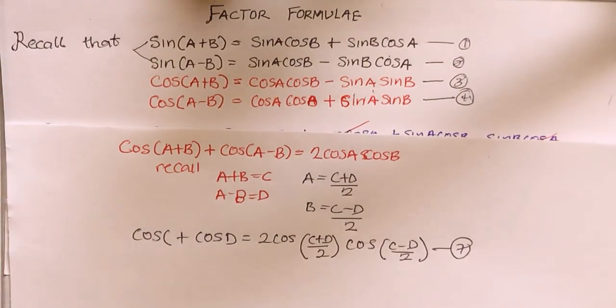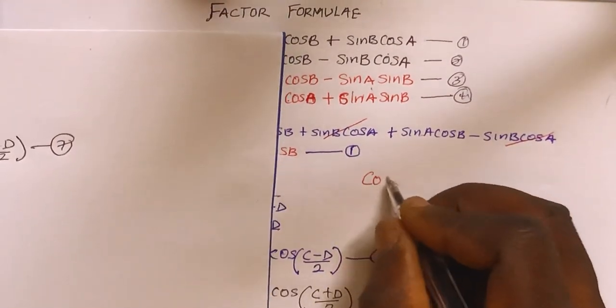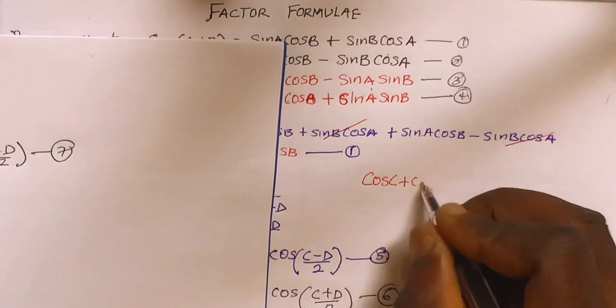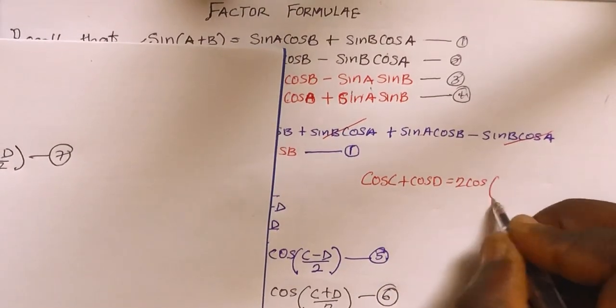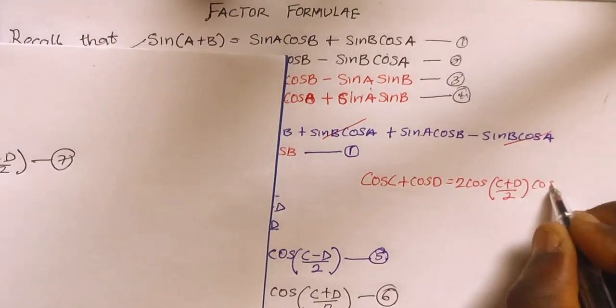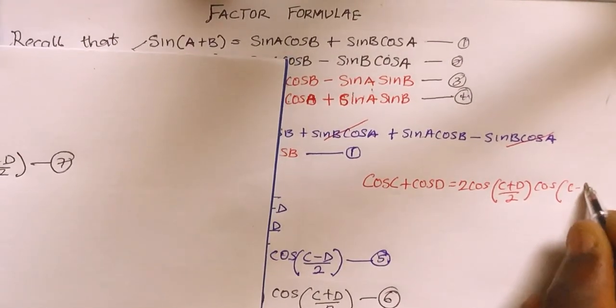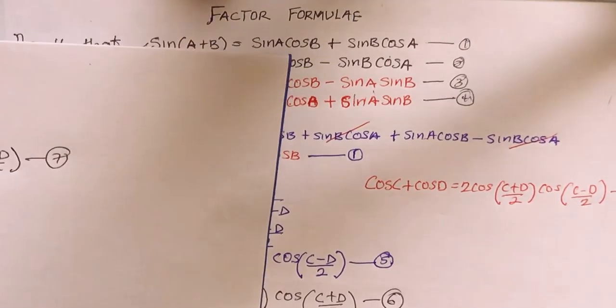Then let's put it here. You have cos C plus cos D equals 2 cos (C plus D) divided by 2, cos (C minus D) divided by 2. You have it as identity 7.